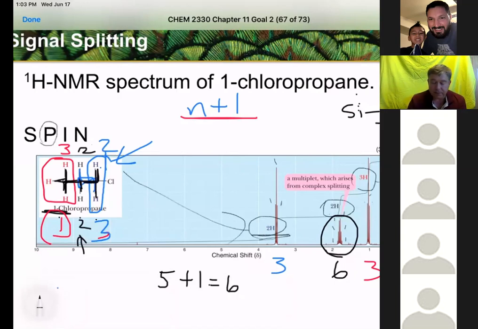Let's look at P, position. Most like the methyl group was number 1, right here. The next most like the methyl group was at position 2, and our least like the methyl group of this set was number 3. So they're shifting further and further away from 0.